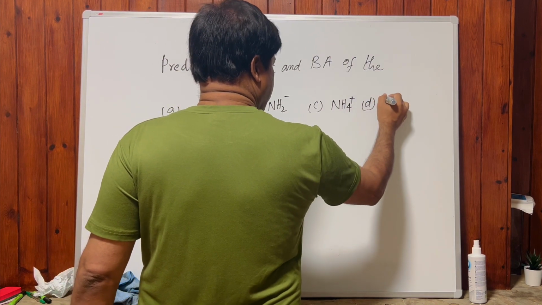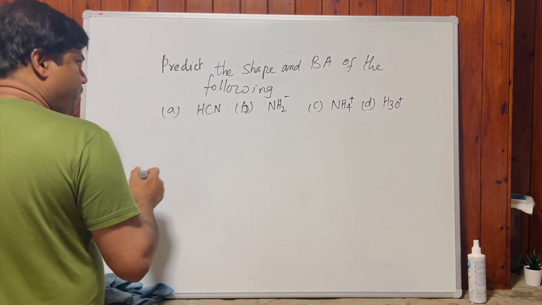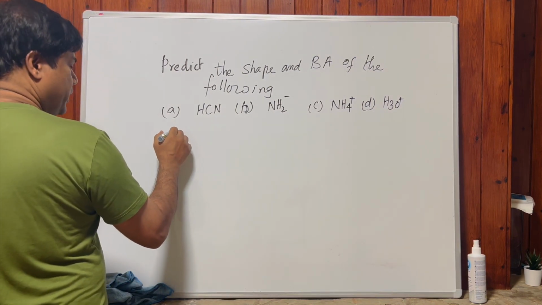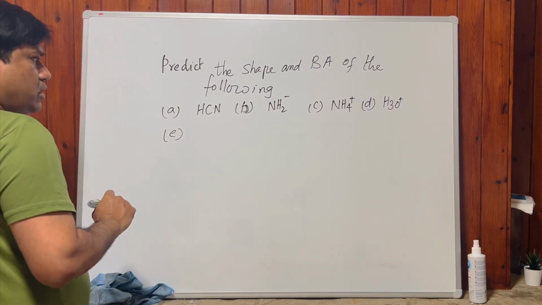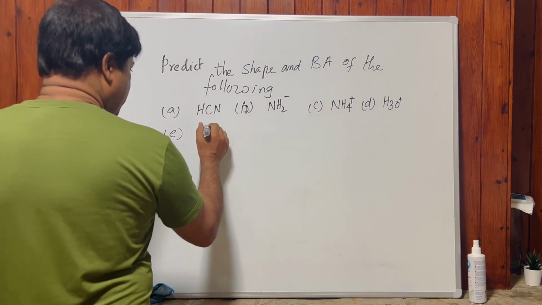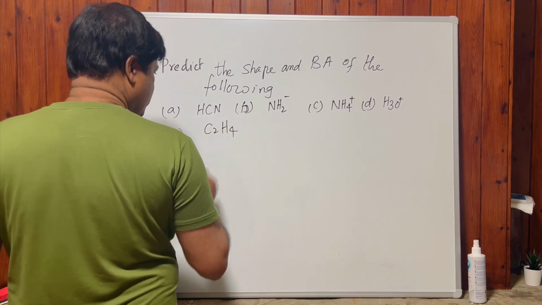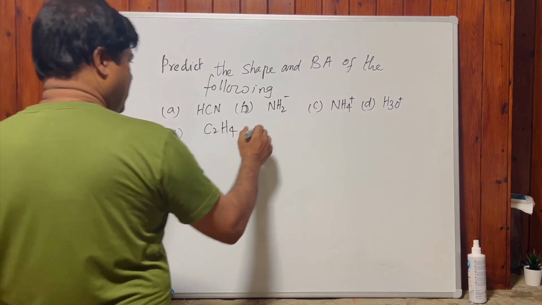D, H3O plus, hydronium. E, ethene, C2H4.